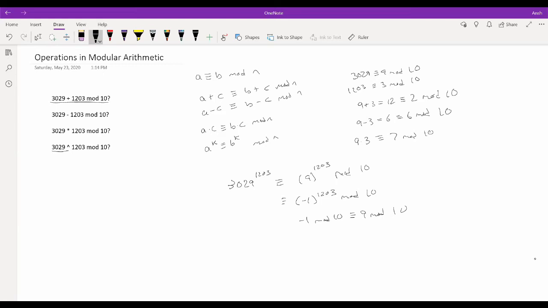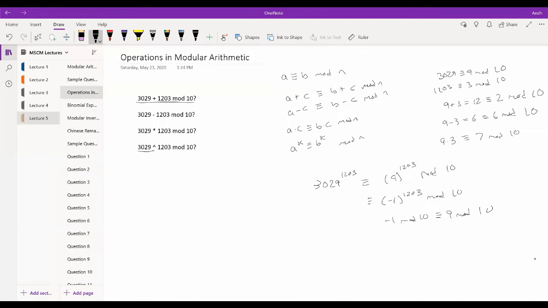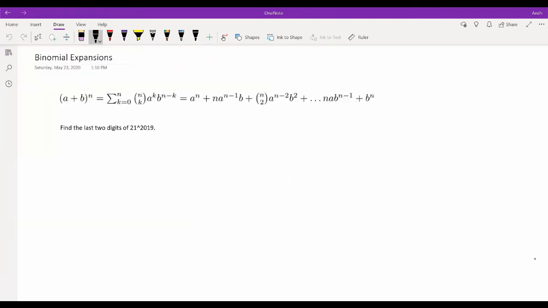Now we'll go into one of the ways that you can deal with them using some special properties using binomial expansions. All right, so one method to approach exponents in mods is, like An said, the binomial expansion. If you have something in the form of (a plus b) to the n, this is equivalent to the sum of k equals 0 to n of n choose k, a to the k, b to the n minus k.